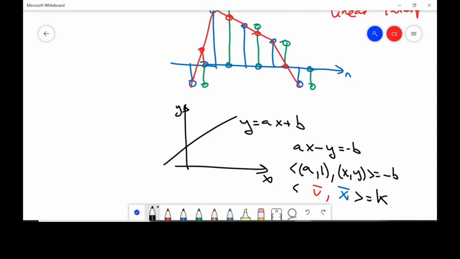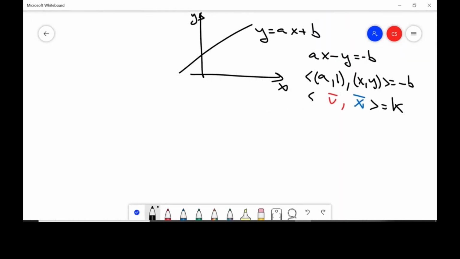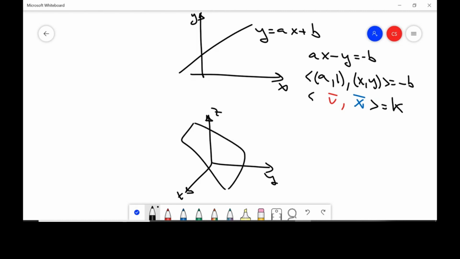Okay, so let's say we are fitting a plane. We have x, y, z, and we have a plane here. And you know the equation of a plane is something like this. Do you agree? This is the general equation of a plane.